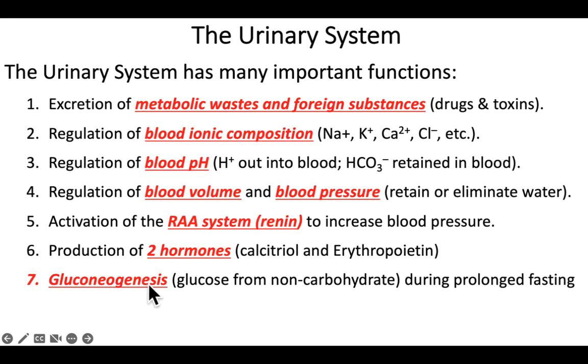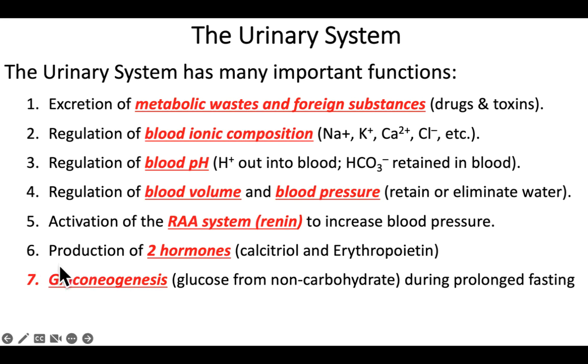So this is the production of glucose, typically in a kind of an emergency situation. If you're super low in glucose, right, you can make some glucose from other non-carbohydrate molecules, like certain amino acids. And that's a function of both your liver and kidneys.